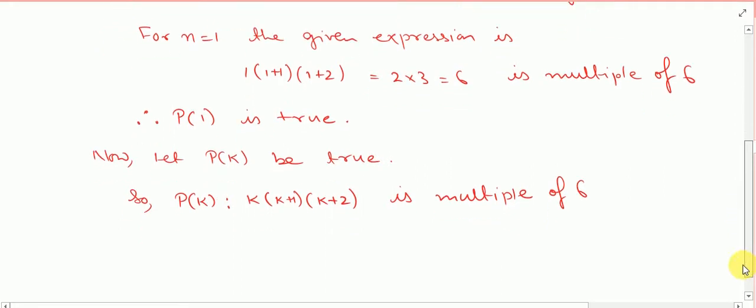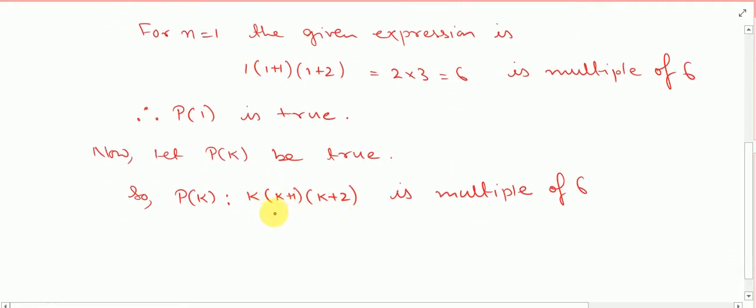So if this expression is multiple of 6, that means this expression can be written 6 times some natural number. Yes. So this implies k, k plus 1, k plus 2 is equal to 6 times m.